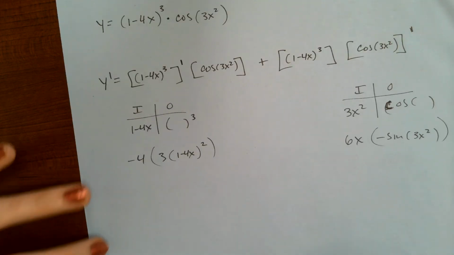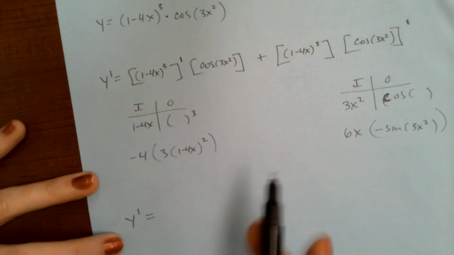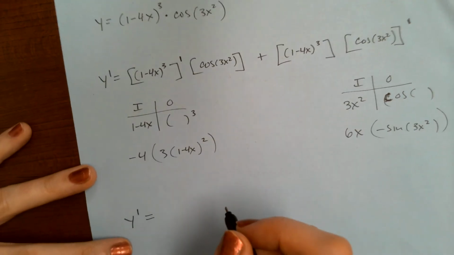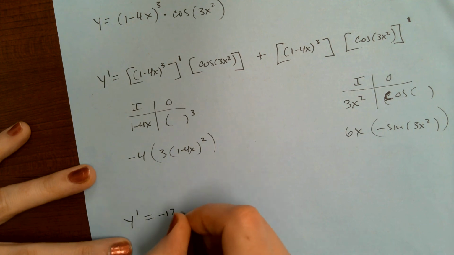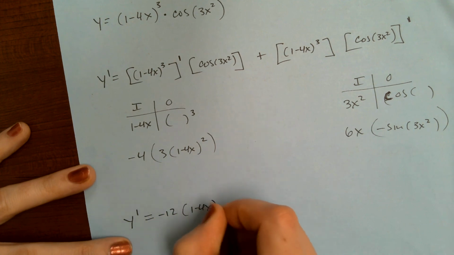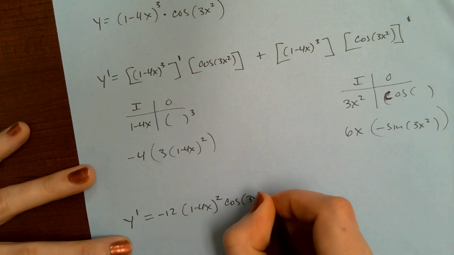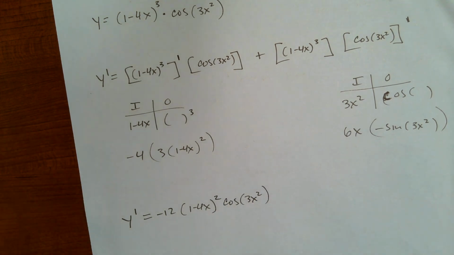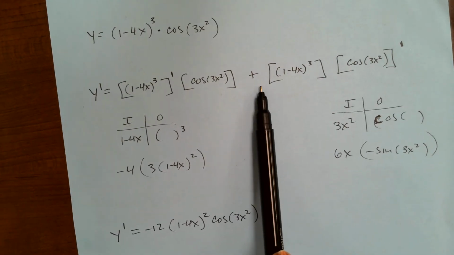So when I finally do my derivative, this comes down. So that's -12, 1 minus 4x to the second. And then cosine of 3x squared comes down. Okay, now this is a plus.